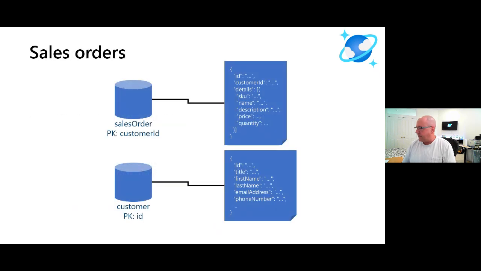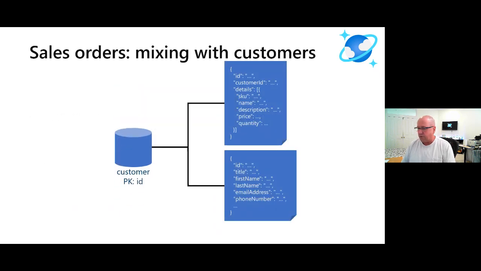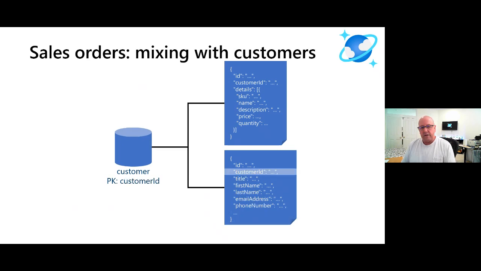So instead of storing these in separate containers here, we're going to store them in the customer container. And we also need to make another change. We're going to change the partition key from ID to customer ID. And I'll also add customer ID as a property to each customer document. So now customer documents will have the same value for ID and customer ID for their partition key property.